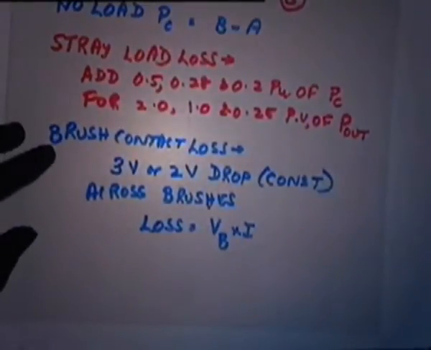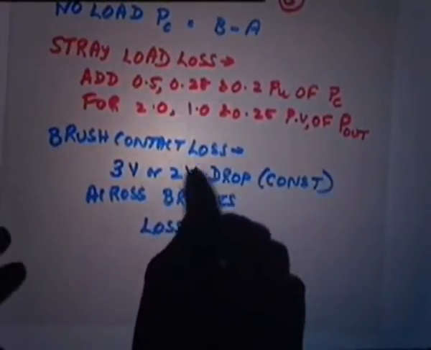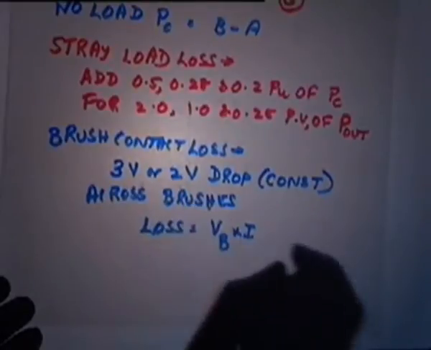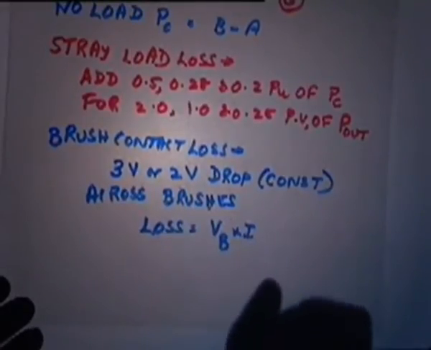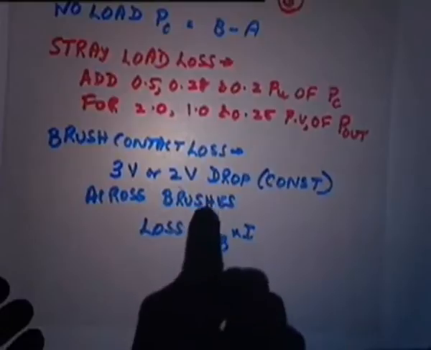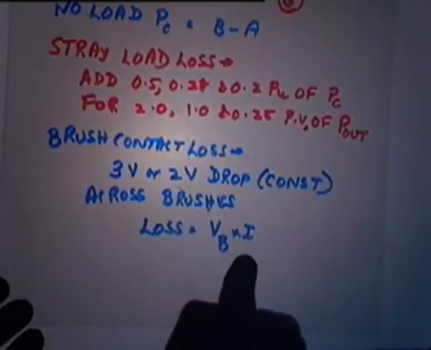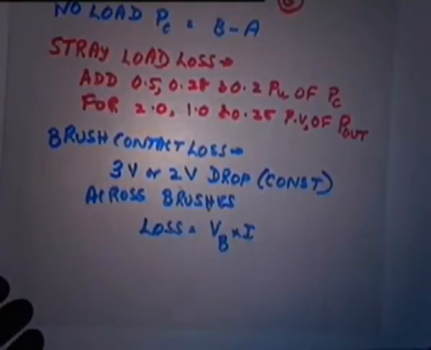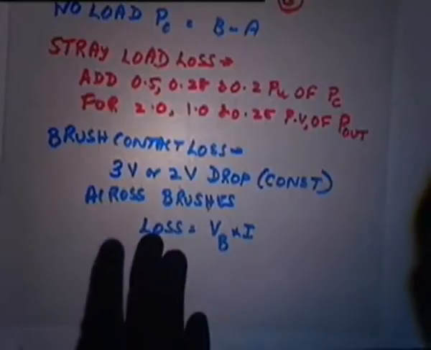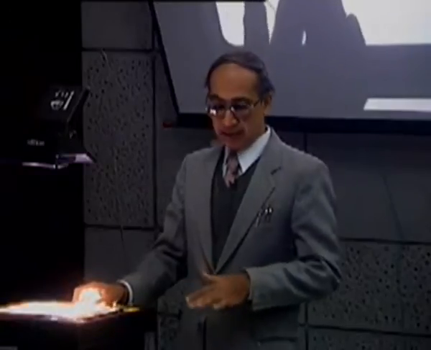And next, brush contact loss is normally taken to be a constant voltage drop, 3 volts or 2 volts, across the brushes, and loss is equal to VB into I. We assume that this is constant, and we find out the losses. So these are the ways of obtaining different losses in the case of DC series motor.